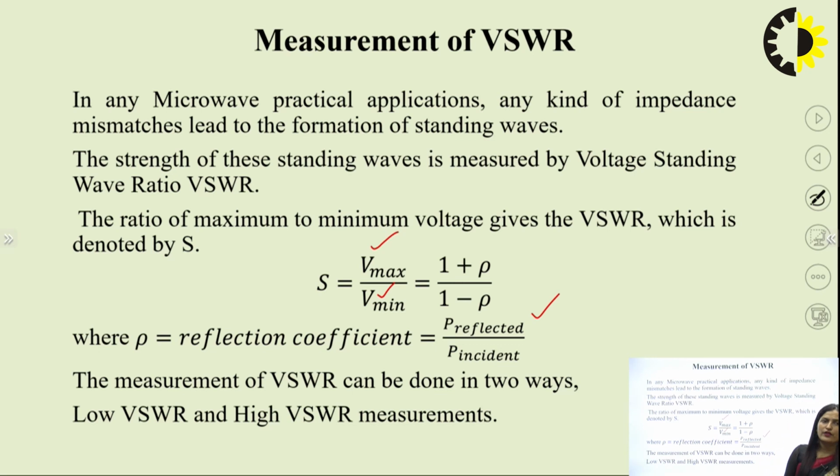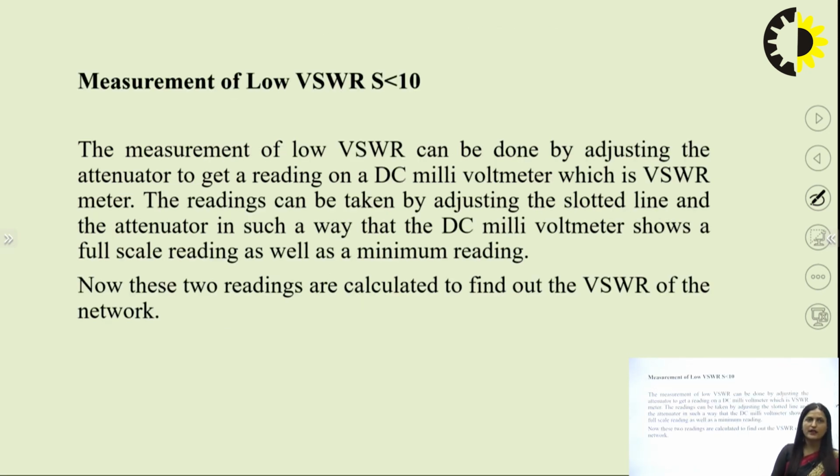So, measurement of VSWR can be done in two ways: one is low VSWR measurement and the other is high VSWR measurement. Low meaning the value of S or SWR is less than 10. So, measurement of low VSWR can be done by adjusting the attenuator to get a reading on a DC millivoltmeter, which is the VSWR meter. It means we will vary the attenuator to find out a reading at the VSWR meter.